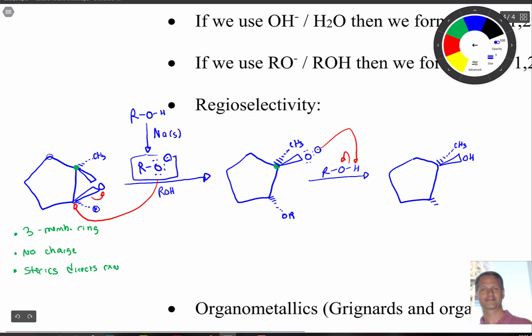And then we're going to end up down here with your OR group. So this is an example of where we have an alkoxy and an alcohol. If we use hydroxide at this step rather than an alkoxide, then this would simply just be an OH.